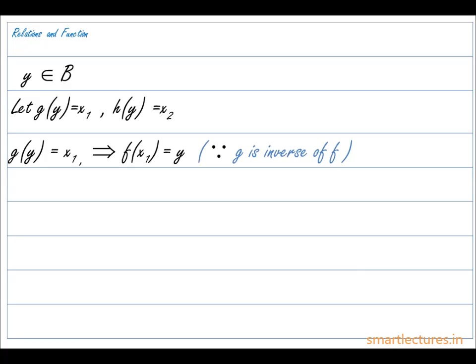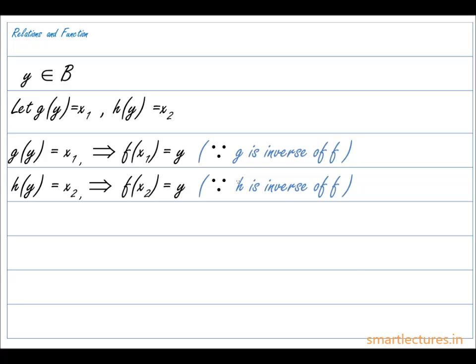And similarly, as h of y is equal to x2, then that also means f of x2 is equal to y, because h is the inverse function of f. And now since f of x1 is equal to y and f of x2 is equal to y, so we can also write f of x1 is equal to f of x2.